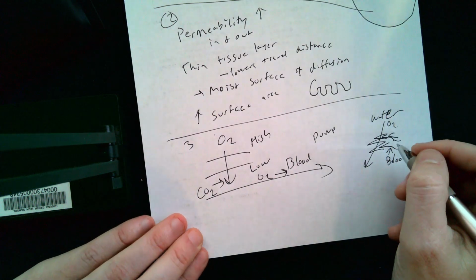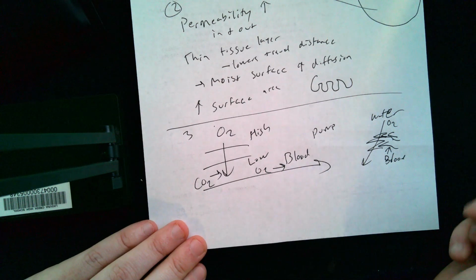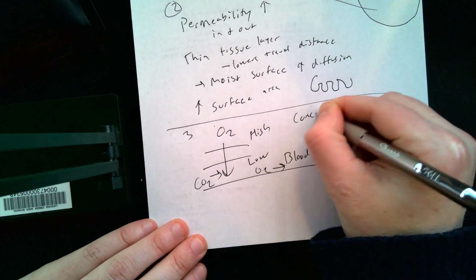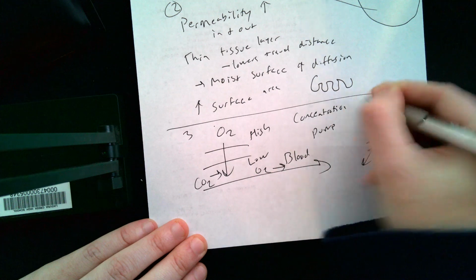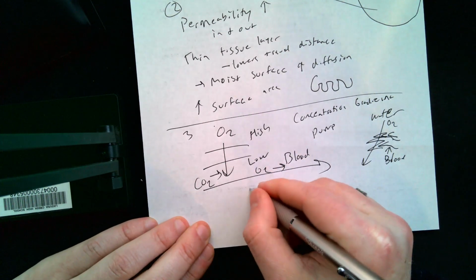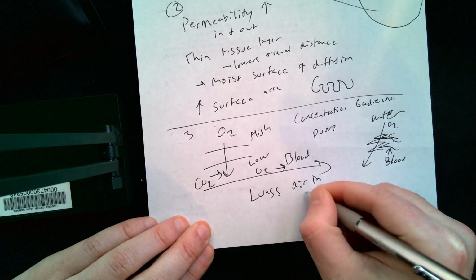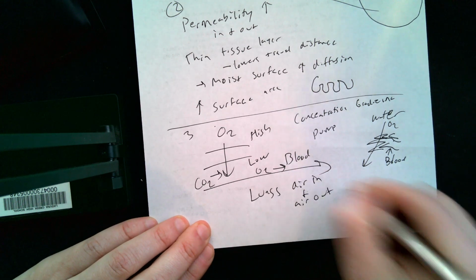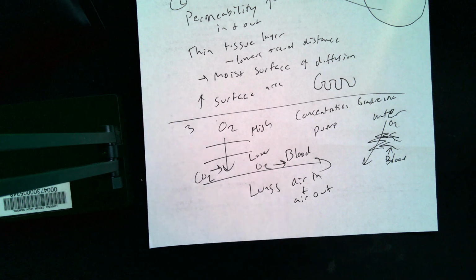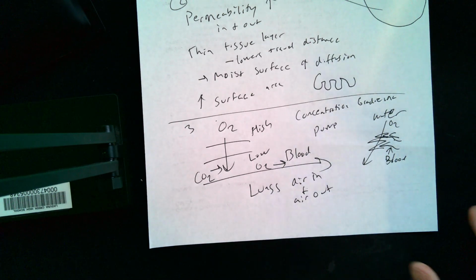So the movement of the water through the gills when they're swimming helps maintain a concentration gradient. So this is all about the concentration gradient. For humans, not only do we have the blood, but we also have our lungs. You take air in and air out, and this also helps keep a high concentration of oxygen.